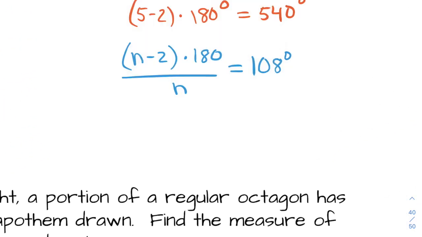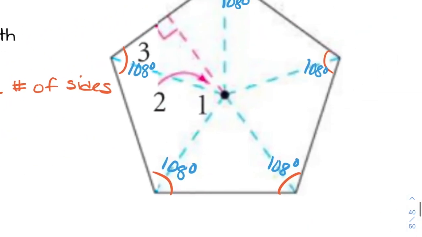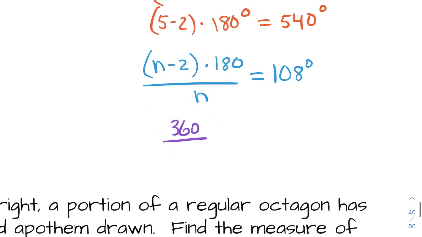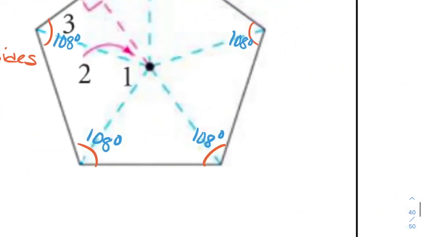Because all central angles add up to 360, and there's 5 angles, so 360 divided by 5 is 72. Whoops, dropped my calculator. So these are all 72 degrees.